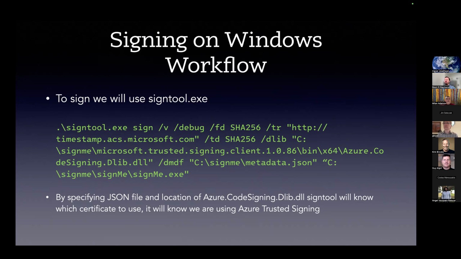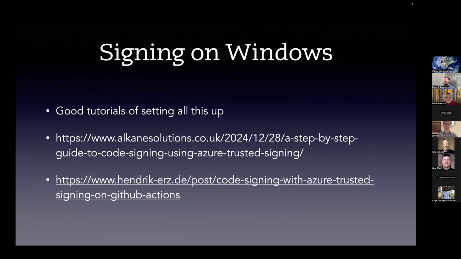So it refused to sign, even though my paths are all okay and everything is okay. It just couldn't select the right certificate. So my advice is, if you want to sign on Windows, create a virtual machine and use it just for that, and use just that one certificate, because otherwise everything gets much more complicated.